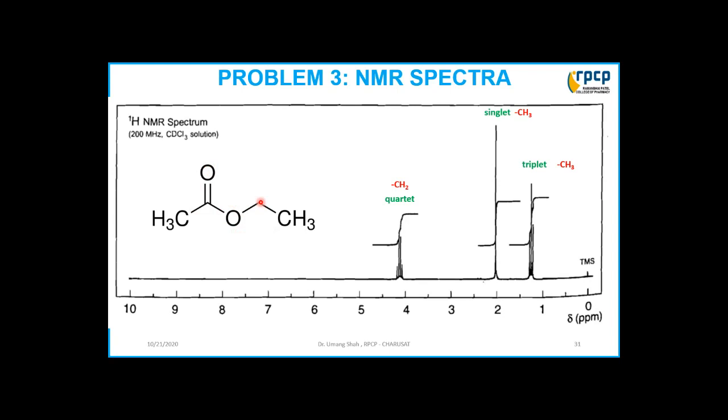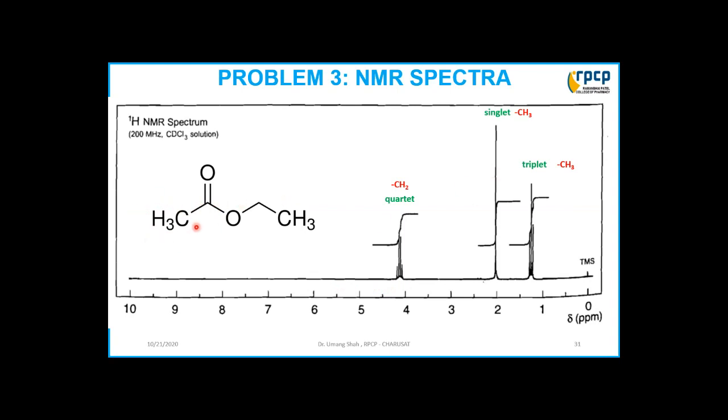Due to electronegativity, it appears around 4.2. And this methyl group appears as a singlet because there is no neighboring proton.